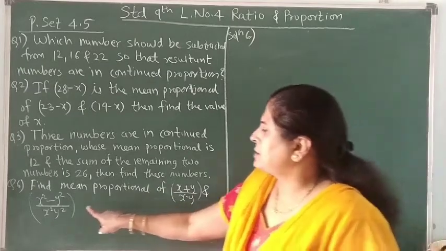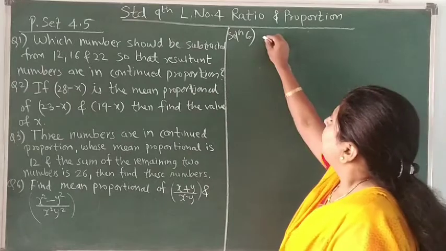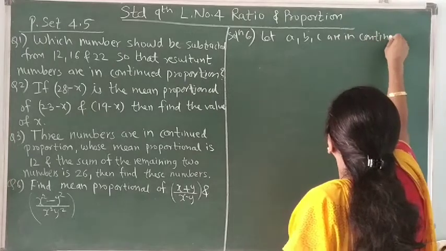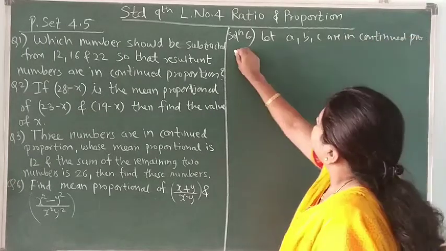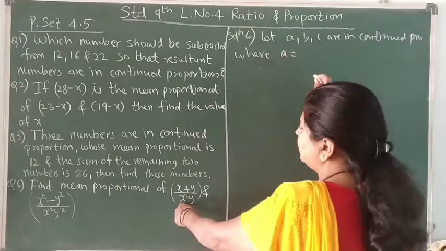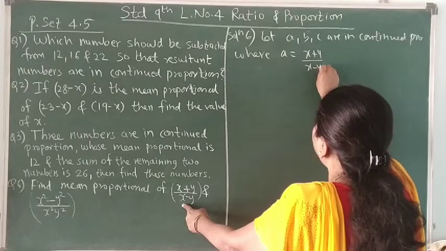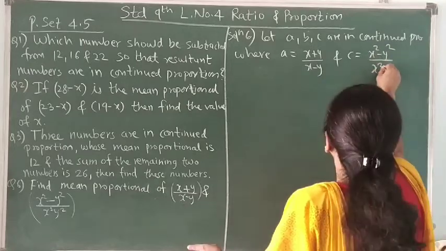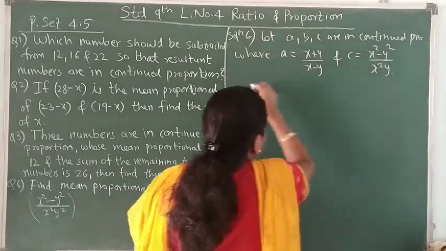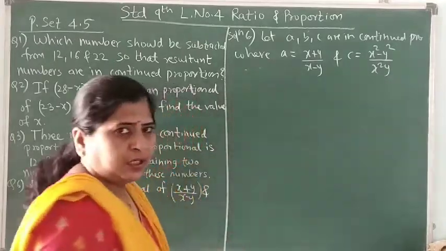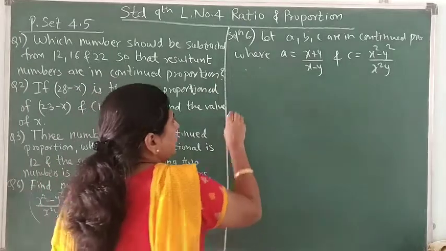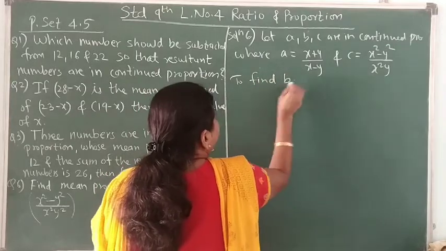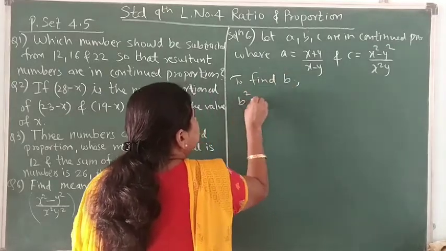Means if this is A, this is C, we have to find the value of B. Okay, next we can say, let A, B, C be in continued proportion where A is this first term x plus y upon x minus y and C is equal to x square minus y square upon x square y square, and we have to find B. We have to find the mean proportion of A and C, that is B. So to find B, we will write here B square is equal to AC.